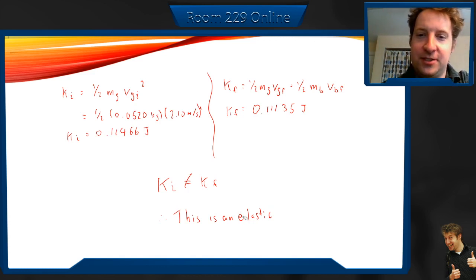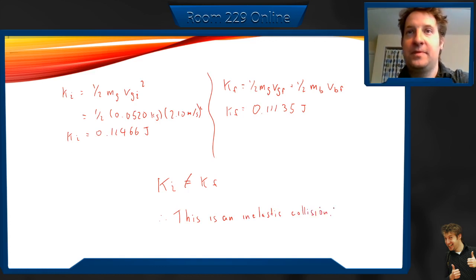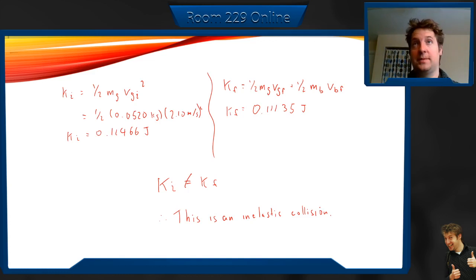Elastic would mean that all the energy is conserved. It's not. So this is an inelastic collision. That's because the energy before and the energy afterwards are not the same.